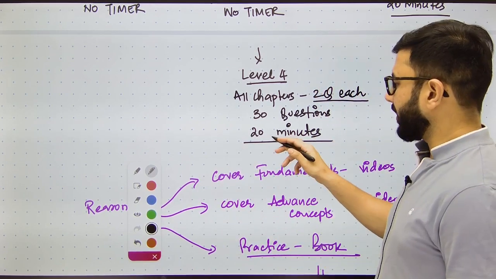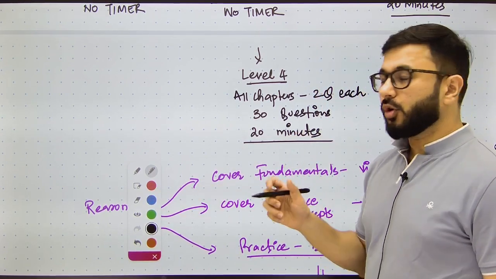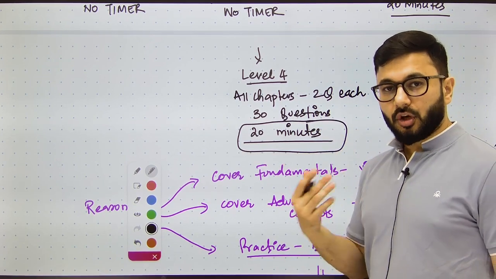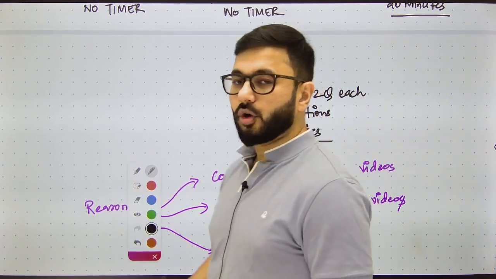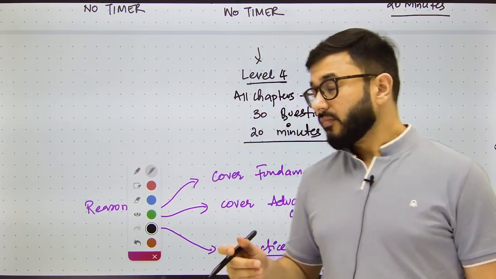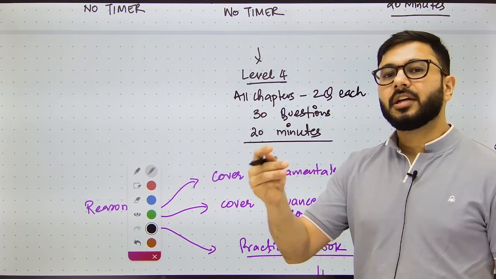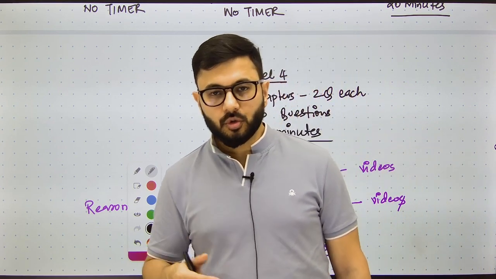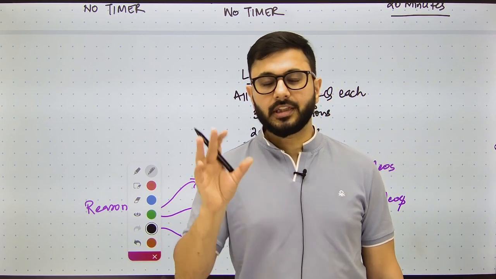That keeps it simple. Once you have introduced the timer, you don't remove the timer now, because now you want to get used to solving in a limited time period. So 20 minutes you have, the actual exam has 25 minutes, I have taken away 5 minutes because I want myself to go through an exercise which is more rigorous than the actual exam.